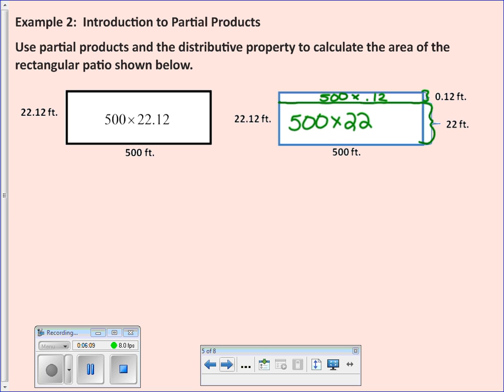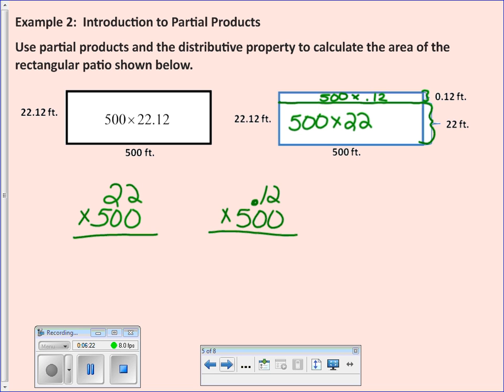So we can do 22 times 500 and 12 times 500. Again, multiplication is commutative, so you can write it either way. I think it's easy to put the zeros on the bottom so we don't have to add all those rows of zero. 5 times 2 is 10 and 11.